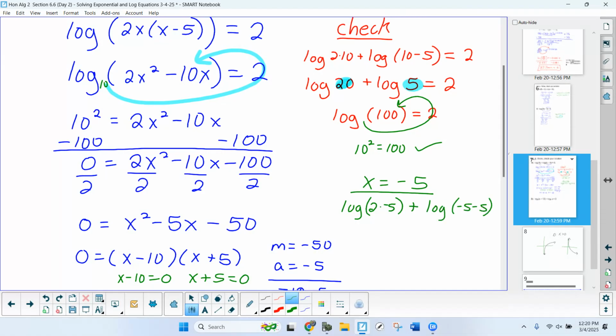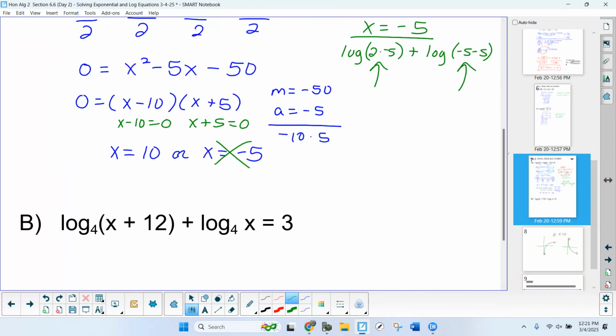Do I have problems here and here? Can you take the log of -10? No. So that is an extraneous solution, and your only answer is 10.